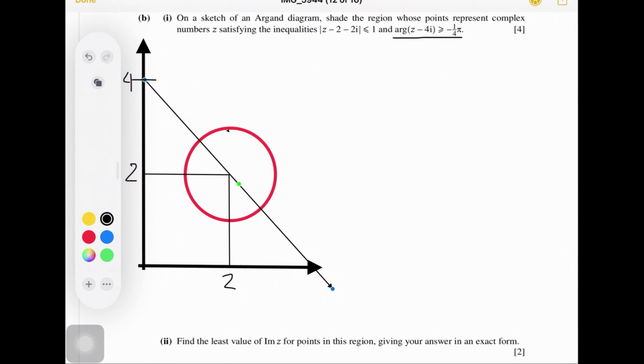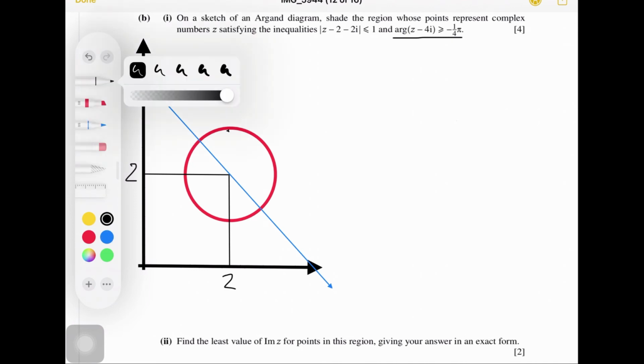The line will exactly pass through the center of the circle. The shaded region will be here.